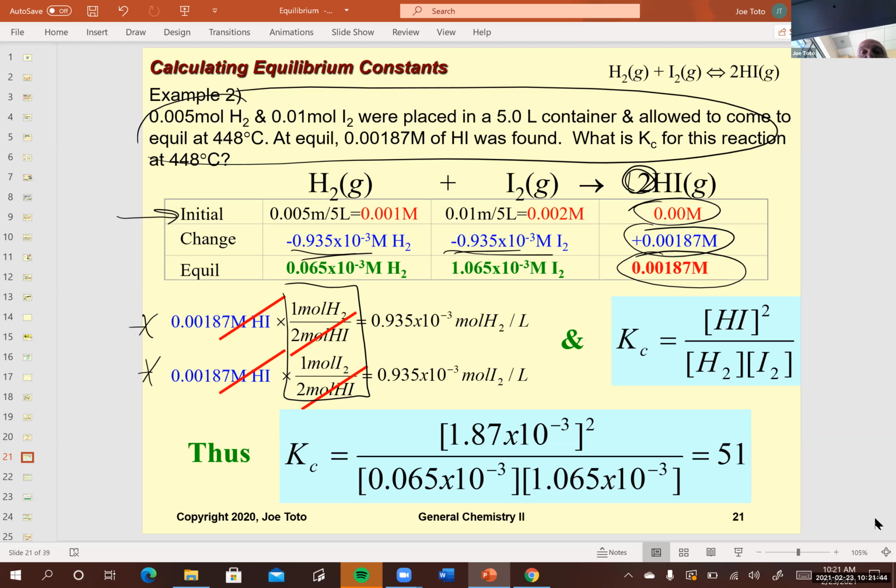And then we realize which way the reaction has to shift to reach equilibrium, because this is 0. So it has to shift to the right to reach equilibrium. So this has to be a positive here in the change row, negative, negative under the reactants.